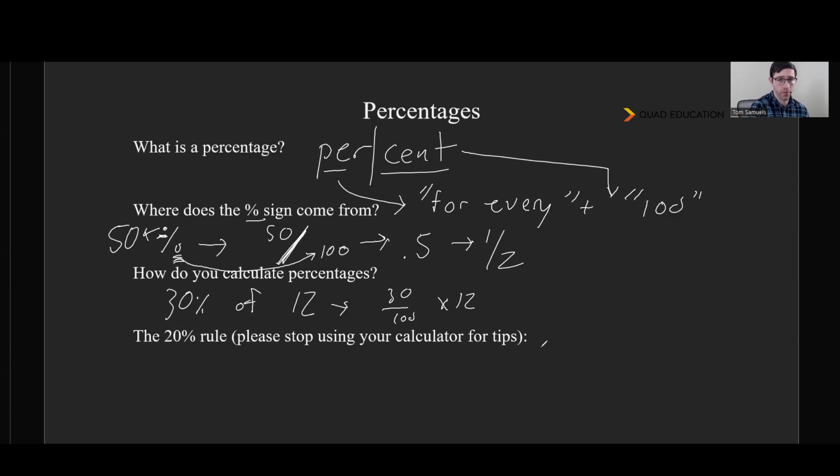And since order of operations means we can multiply and divide in whatever order we like, we can just say that this is 30 times 12, which is 360, divided by 100. And dividing by 100 just means we're going to move the decimal place over 2 to the left, and that's just 3.6. So really pretty easy.